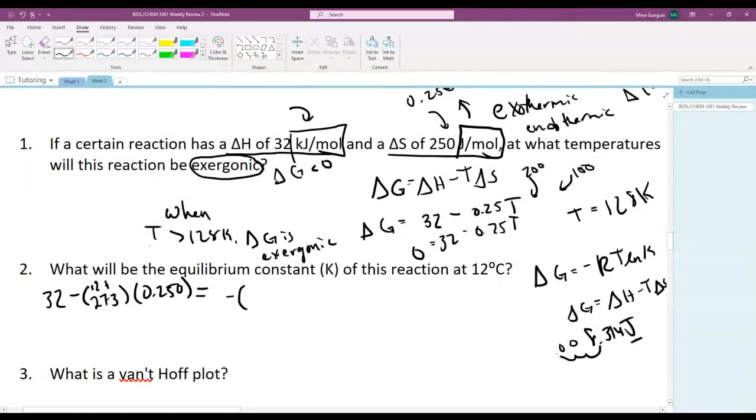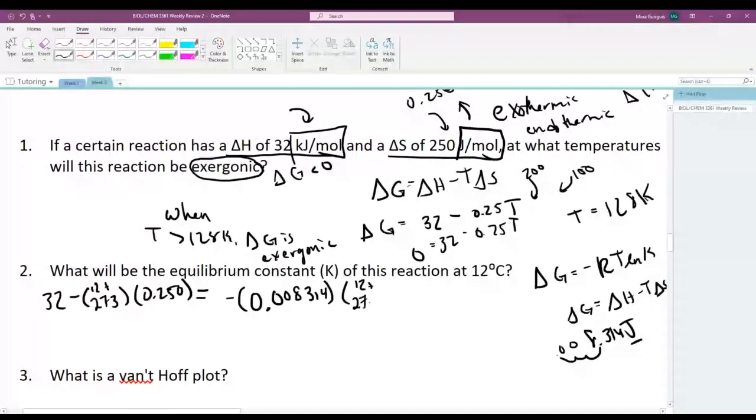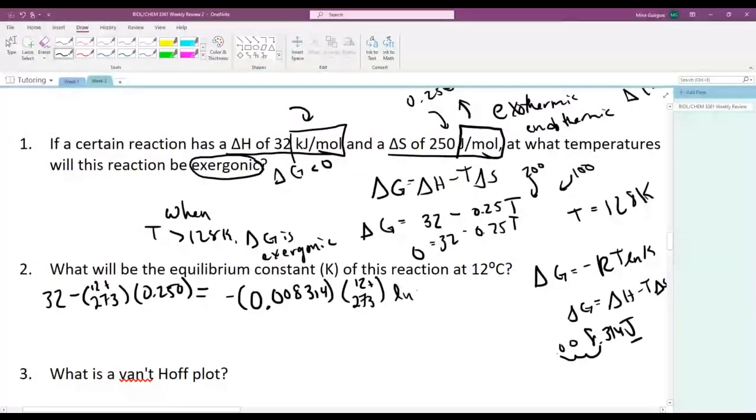So our real R is 0.008314 in kilojoules, okay? Once again, we have our temperature of 12 plus 273, and we have equaling the natural log of K. All right, so we're going to solve this big ugly mess, okay?